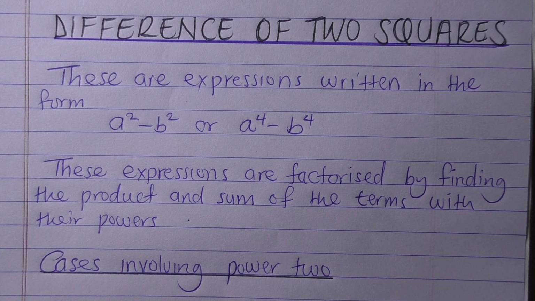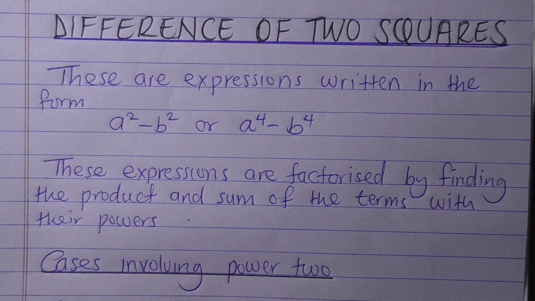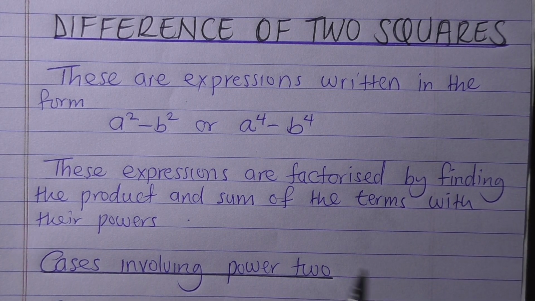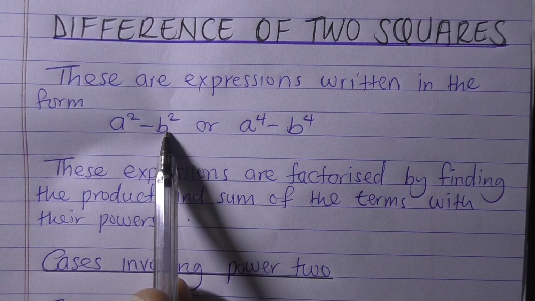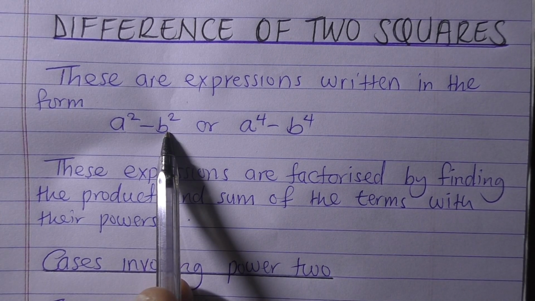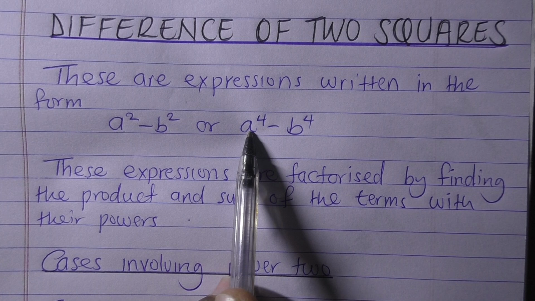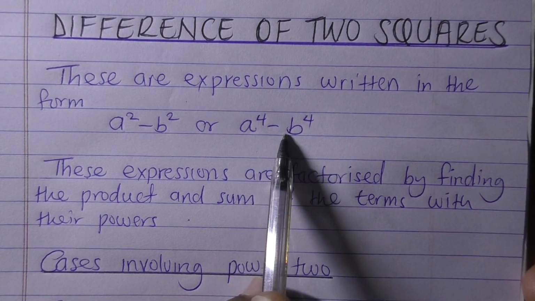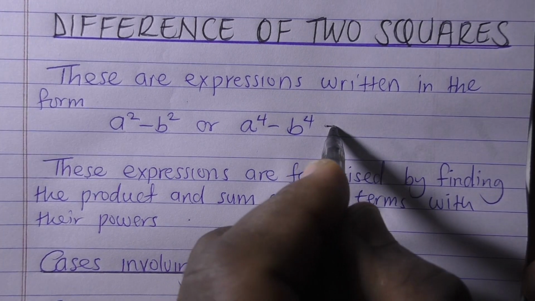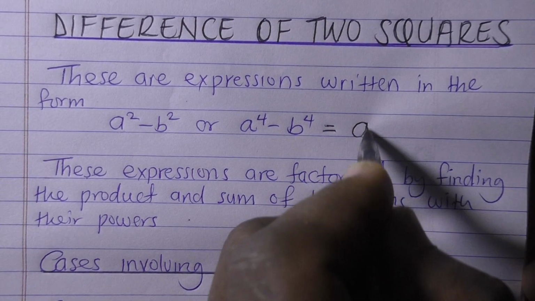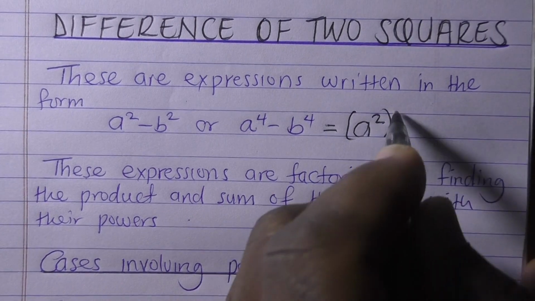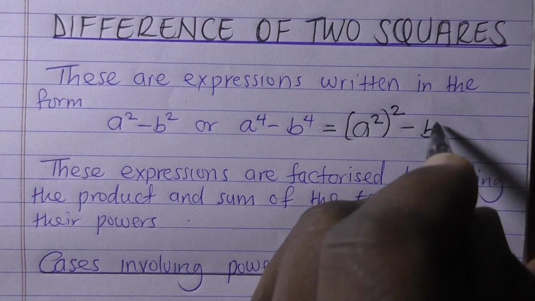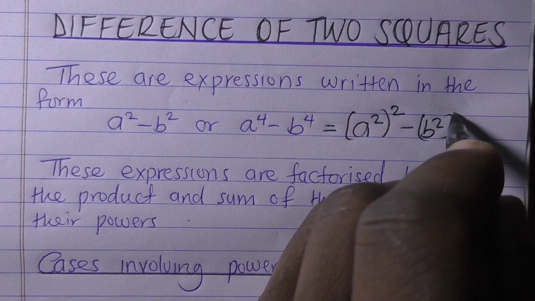Difference of two squares are expressions written in the form of a squared minus b squared or a power 4 minus b power 4. We call this a difference of two squares because this can be simplified into a squared minus b squared.